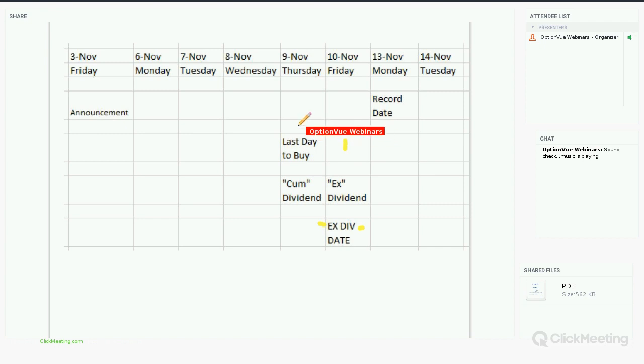If you didn't get in before the close on the 9th, you're done. You cannot get in on that dividend. You have to do it before the close of Thursday the 9th, because when the open of the 10th comes, the stock does not include that dividend.